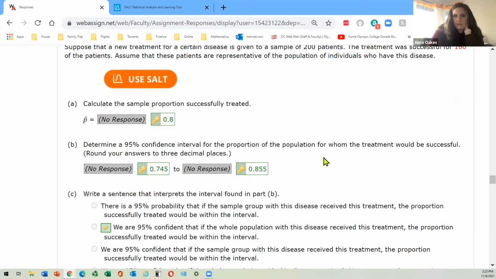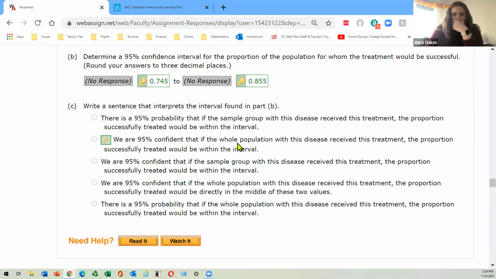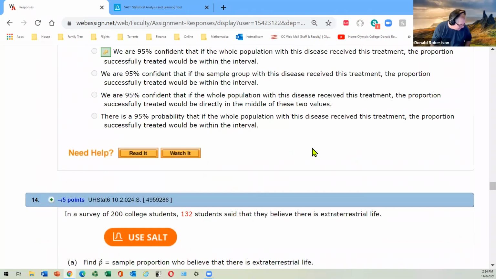So what we can say here is that based on this sample, we are 95% confident that this new treatment is going to be somewhere between 74.5% and 85.5% successful. We're 95% confident that the true answer is in that range, which is what this sentence here is. And that's the end of that question.